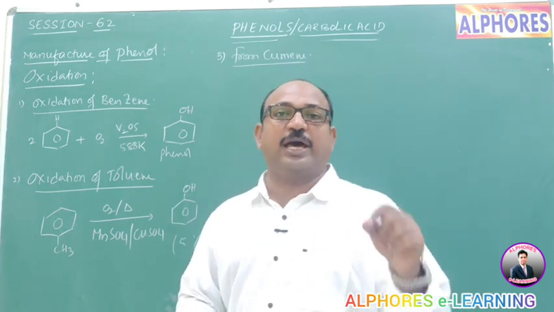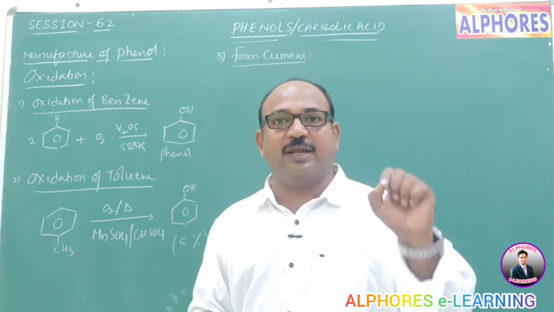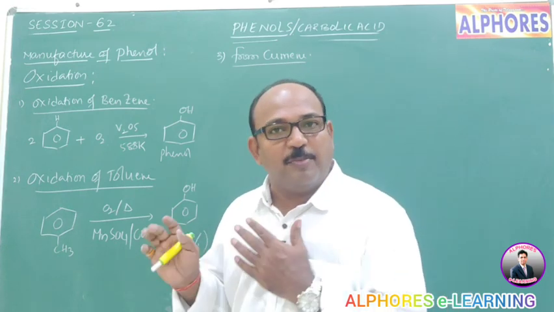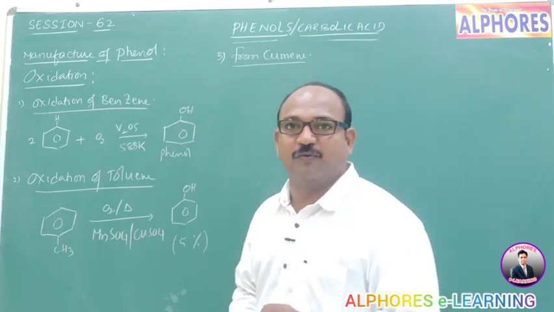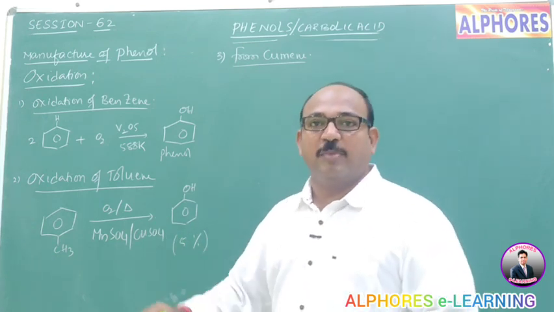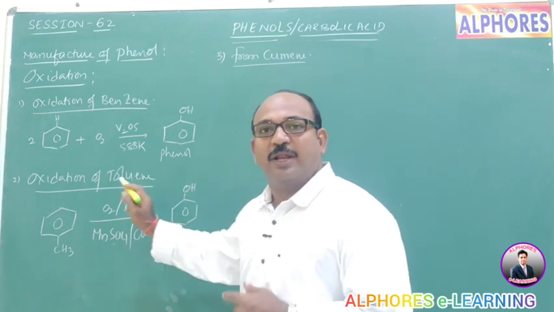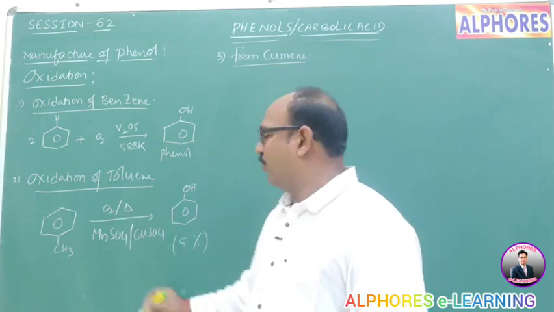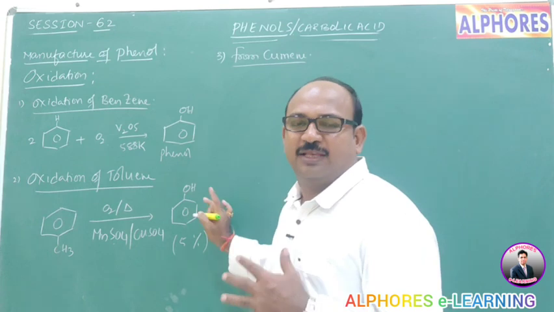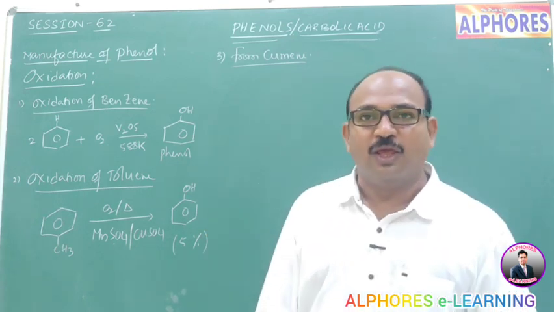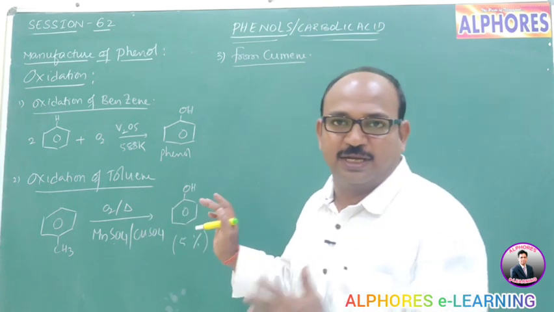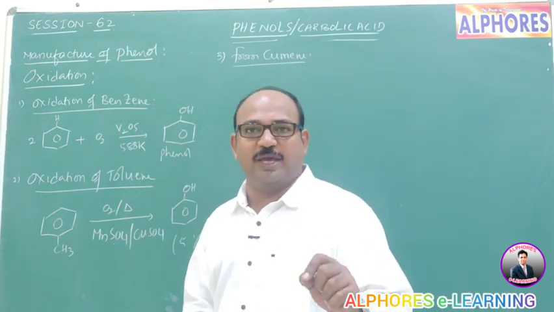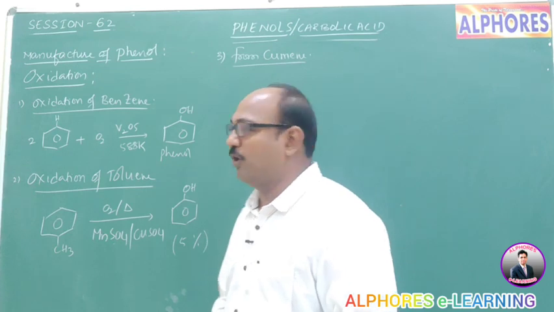But instead of that, we use only oxygen and heat in presence of manganese sulfate or cupric sulfate, MnSO4 or CuSO4. By using these catalysts, upon heating with oxygen, we get OH. In this method, we get nearly 5% of phenol. It is not a very efficient method, but we can prepare 5% of phenol.